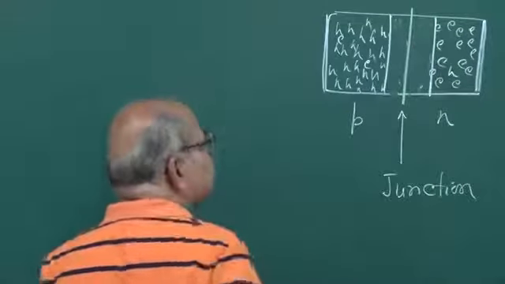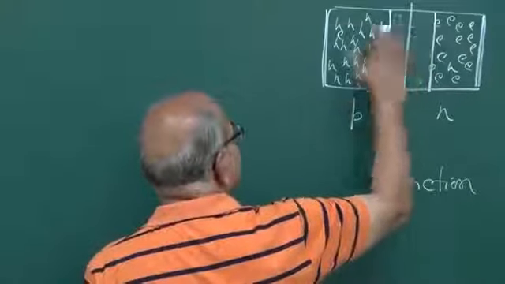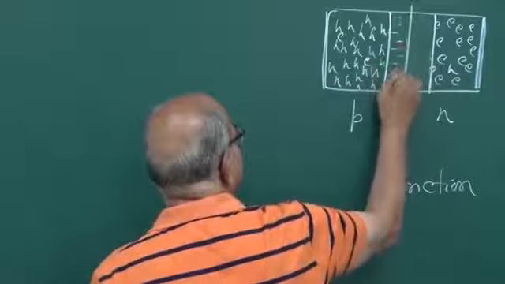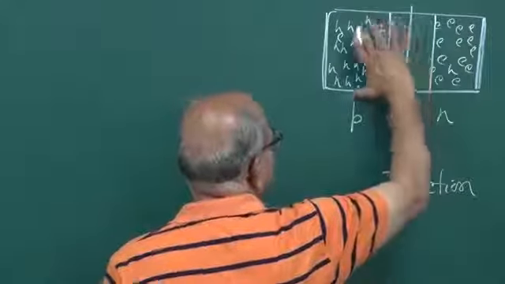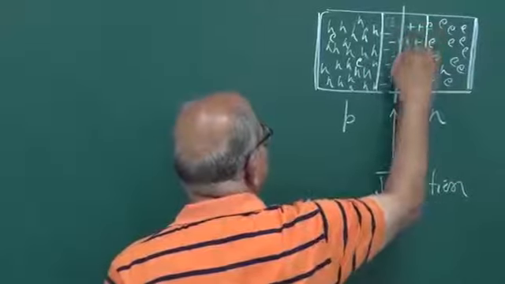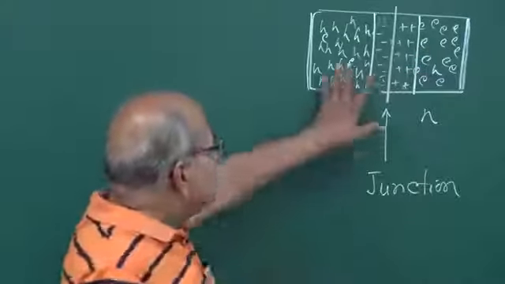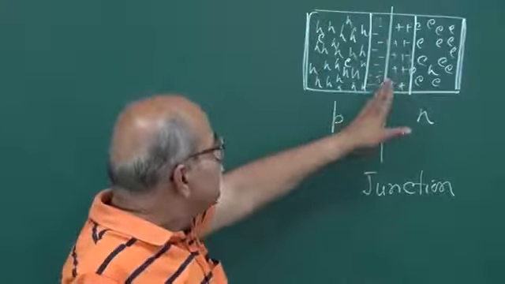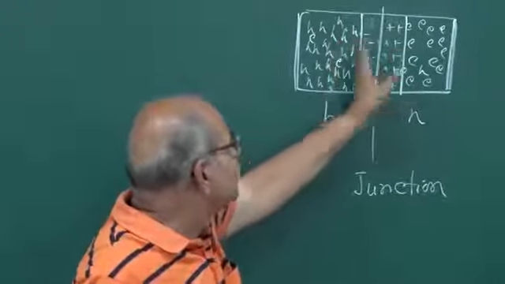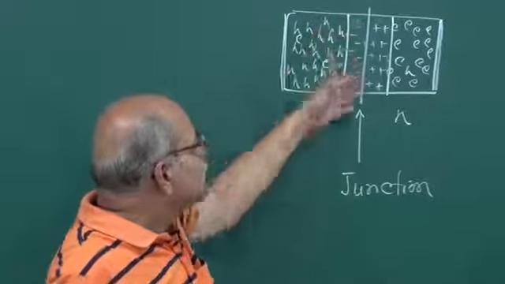But then the charge density is there. Since these electrons are going to this side, and everything was neutral, you get negative charges here, and the holes which are going to this side create this positive charge here. Initially everything was neutral, and then you bring some electrons from this side and shift some holes from this side, and both of them create a negative charge here and a positive charge here.